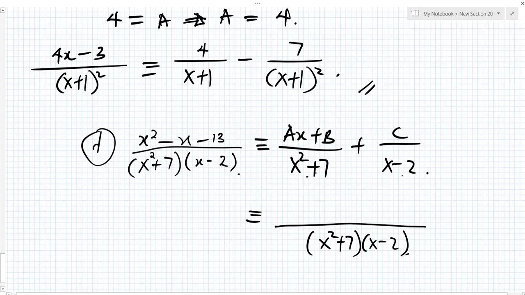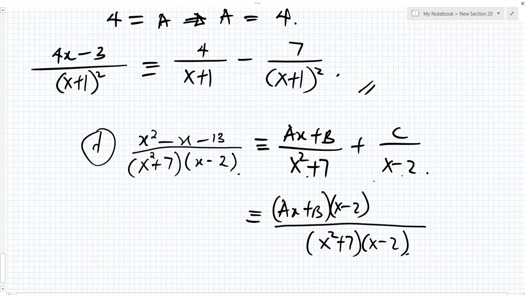Using x minus 2 to divide the lowest common denominator, I'll have x squared plus 7. So ax plus b times x minus 2.